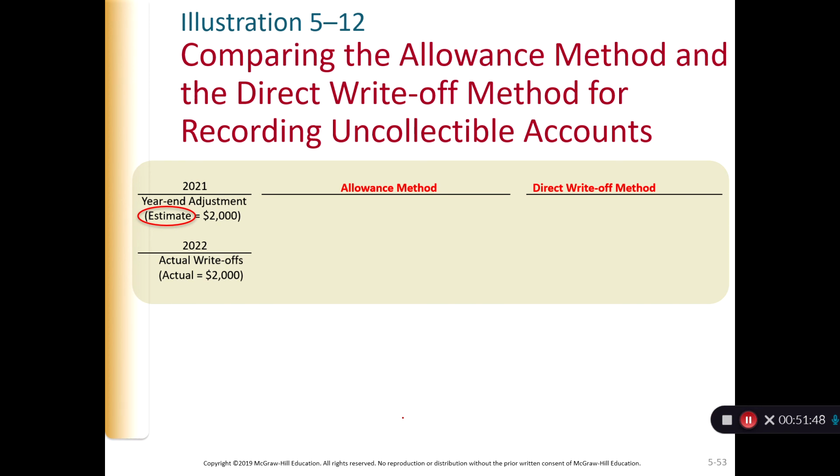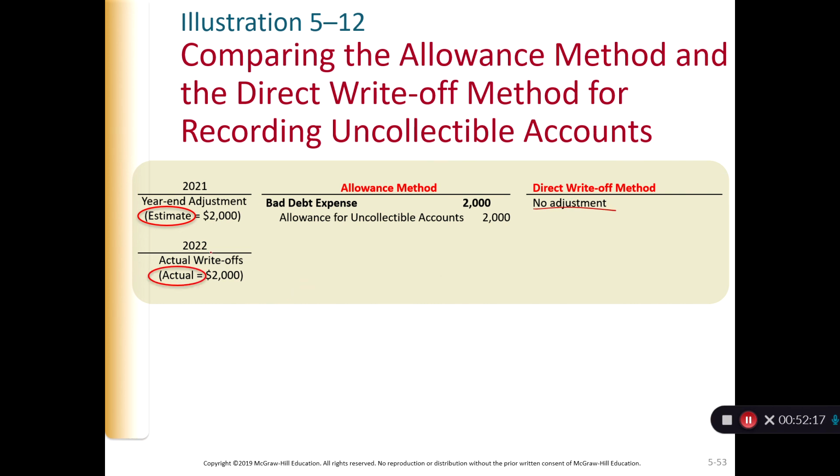Okay, so let's look at the comparison. Under the allowance method in 2021, you estimated $2,000 of uncollectibles, hence you debit bad debt expense and credit the allowance for uncollectible accounts, right? And under the direct write-off method, you don't need to do anything because no bad debt has happened yet, right?